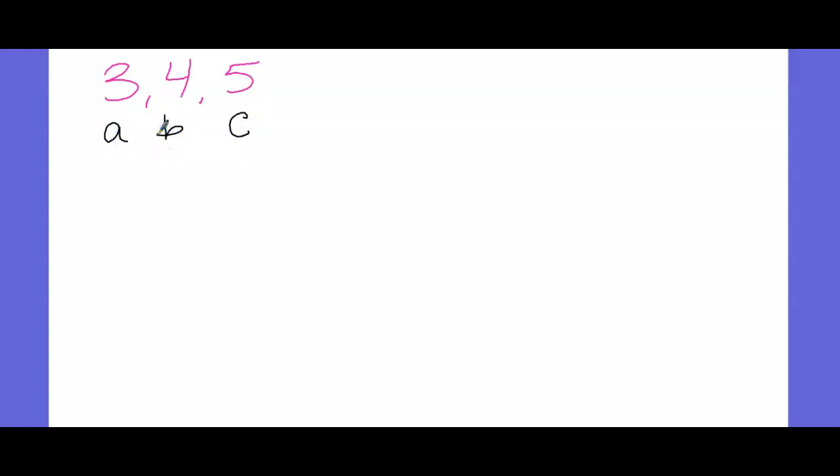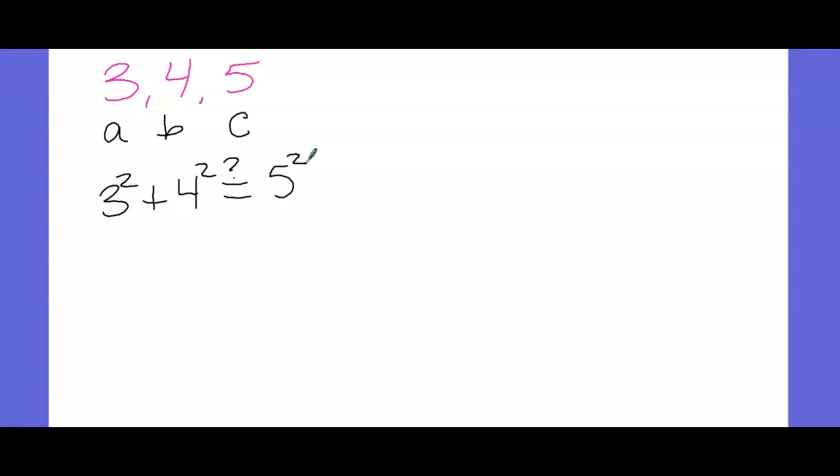Now if I substitute into my formula, A is 3, so 3 squared plus B, 4 squared. Does that equal 5 squared? We have to figure it out. So we're going to do what first? The exponents.